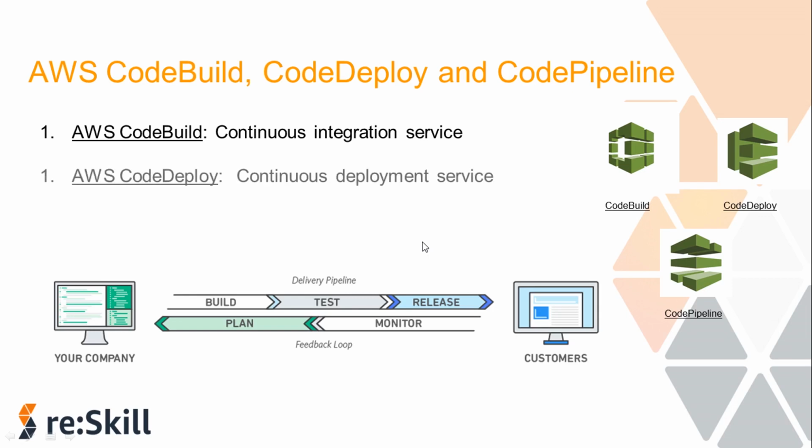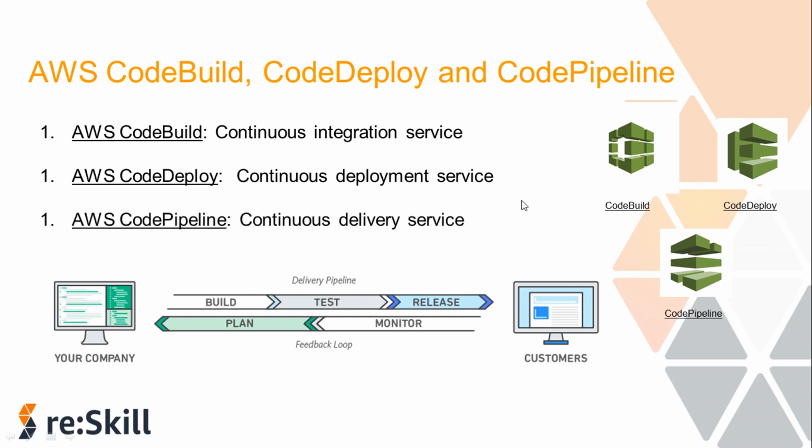AWS CodeDeploy is a deployment service that automates software deployments to a variety of compute services such as Amazon EC2, AWS Fargate, AWS Lambda, and your on-premises servers. Next is AWS CodePipeline. This is a continuous delivery service that helps you automate your release pipelines for fast and reliable application and infrastructure updates. All of these services are fully managed and they are used for CI/CD automation.